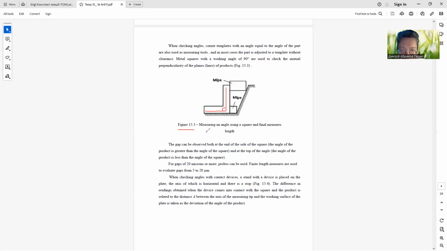Measuring an angle using a square and gauge blocks of finite length. First length and second length.